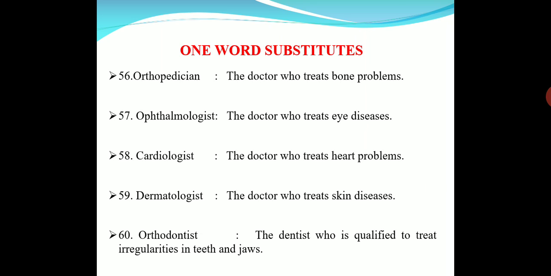And ophthalmologist, the doctor who treats eye diseases, is called ophthalmologist. And cardiologist, the doctor who treats heart problems, is called cardiologist. And dermatologist, the doctor who treats skin diseases, is called dermatologist.